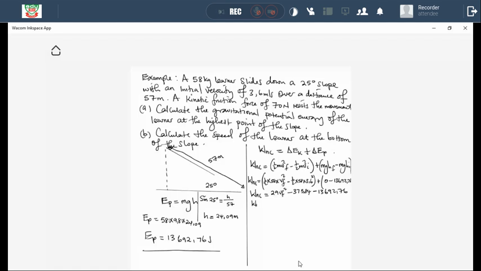So work done by non-conservative force is going to be 29 VF squared, that gives me 375,84, let me include that one, 13,692,76. I'm getting minus 14,068,6.